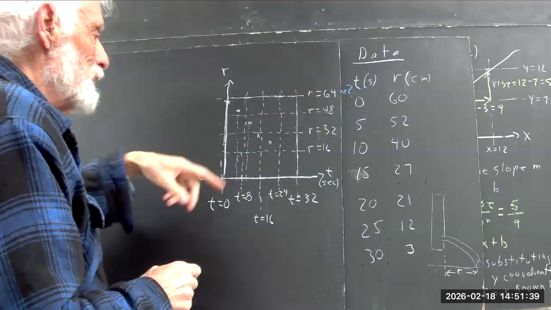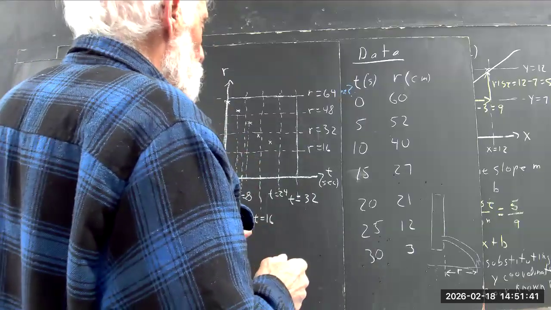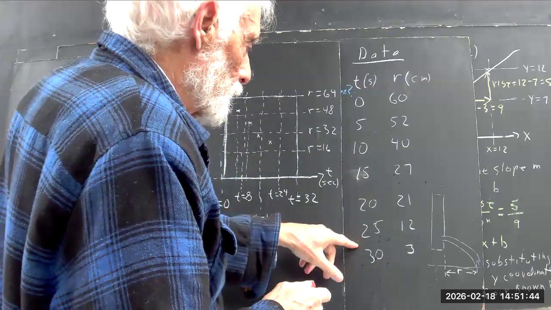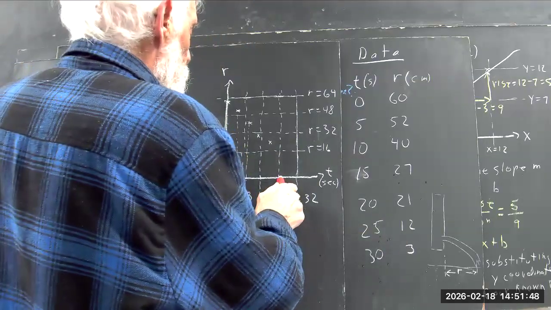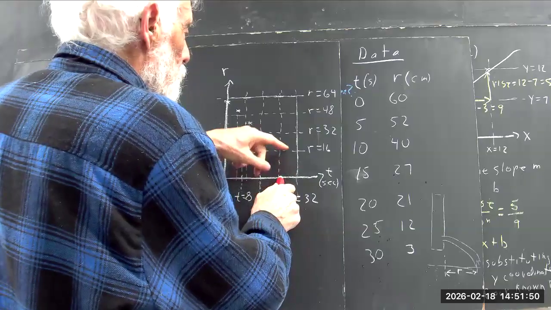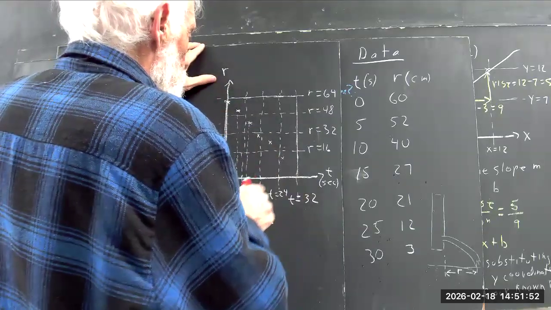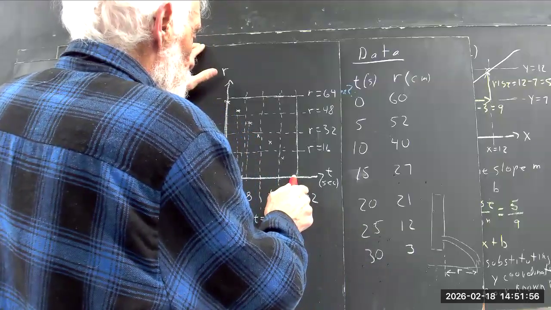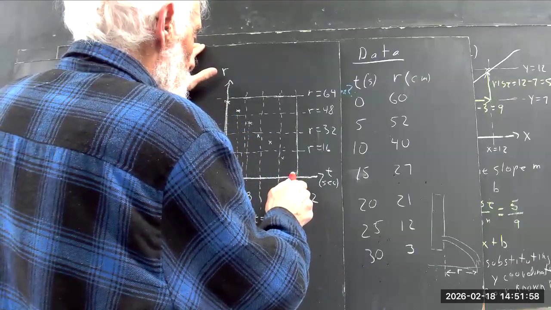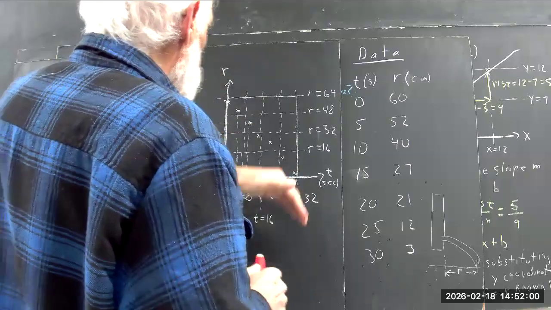Now, not notably accurate, but just demonstrating the process. 25, 12, well, 25 is a little to the right of 24. 12 is 3/4 of 16, so it's about 3/4 of the way up there. And then 30, 3: 30 is a little to the left of 32, and 3 is pretty low. So I've got these points.